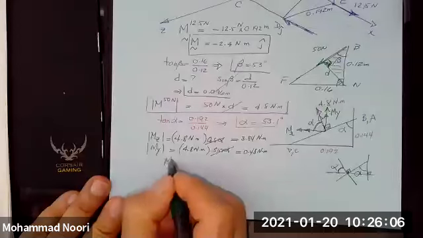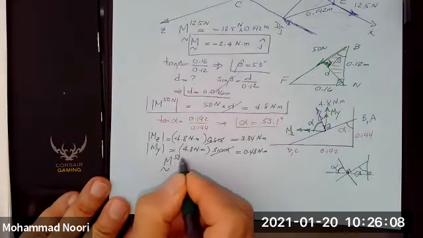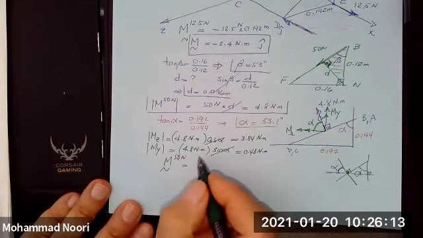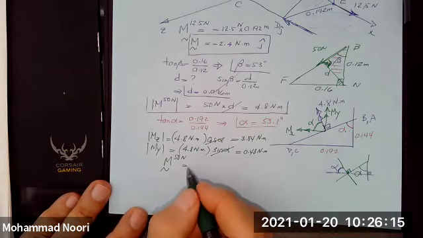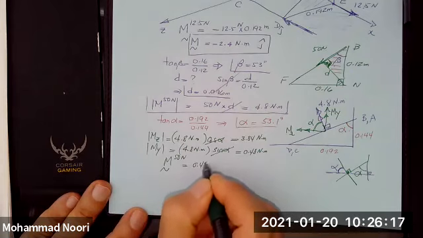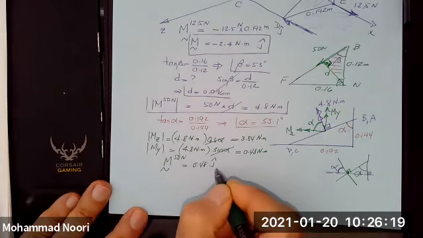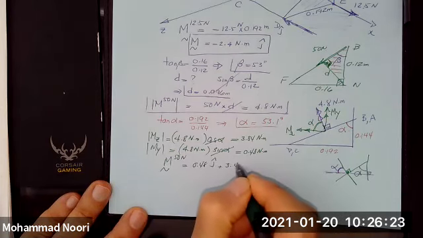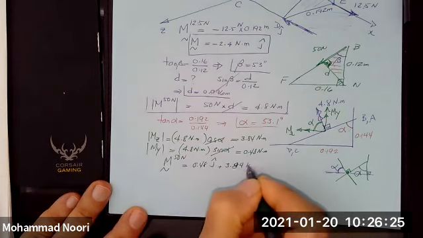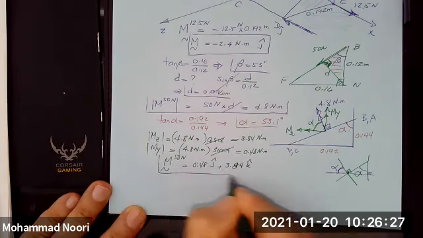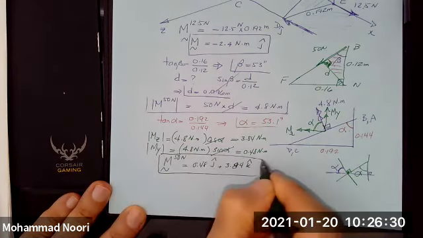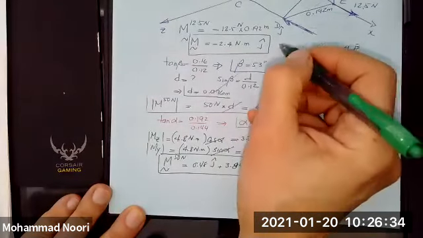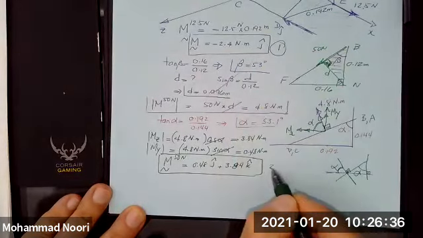Therefore, that moment of the 50 Newton has these two components, can be written as 0.48 J plus 3.84 K. So this is the other moment. This is the first moment we found. This is the second moment.